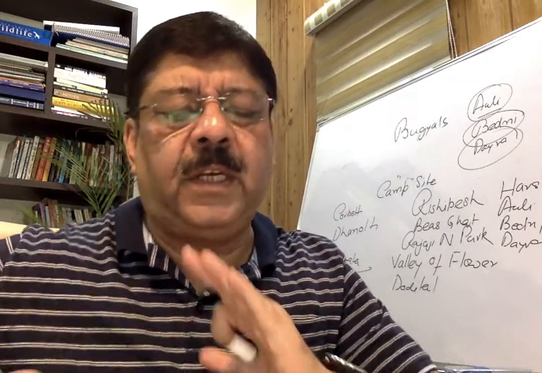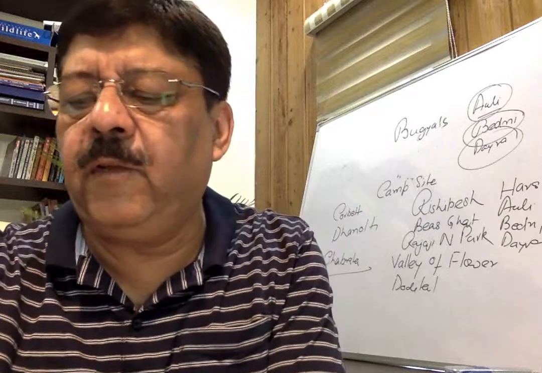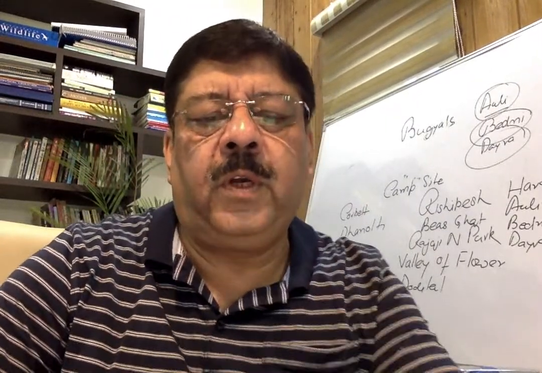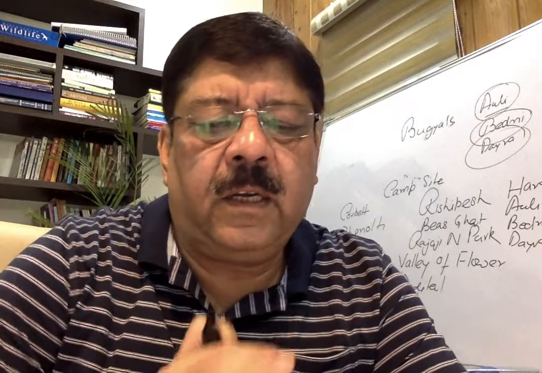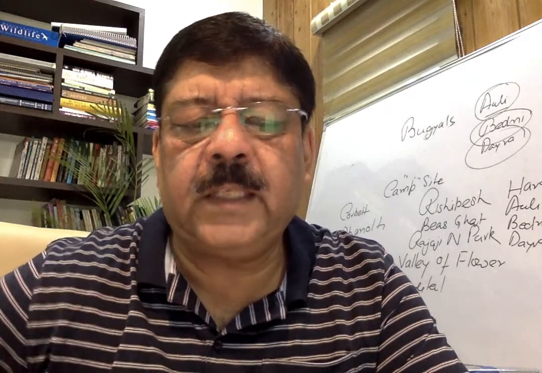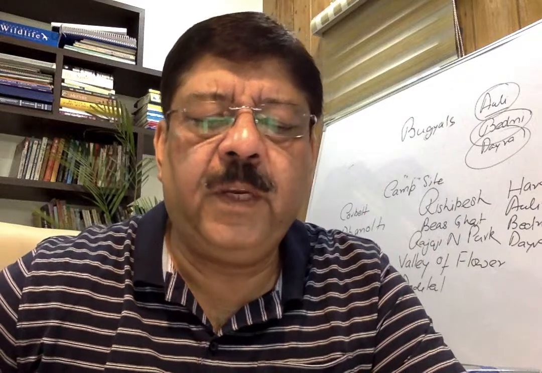How to reach is a very important thing for a tourist destination. There is an airport also, Jolly Grant Airport in Dehradun, the capital of Uttarakhand. It's a very beautiful place. You can name hundreds of spots.